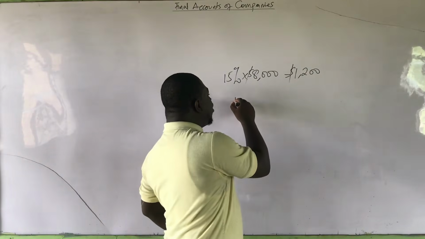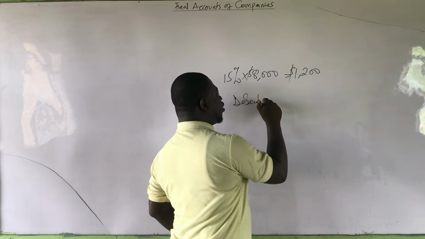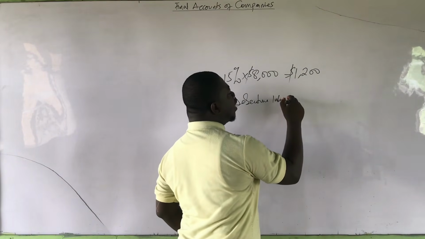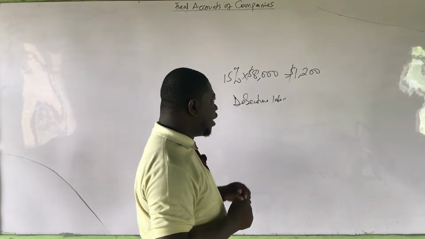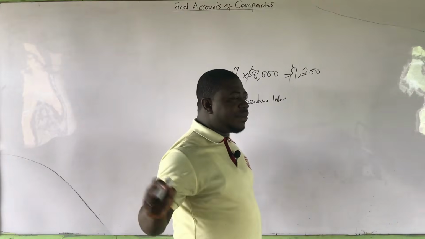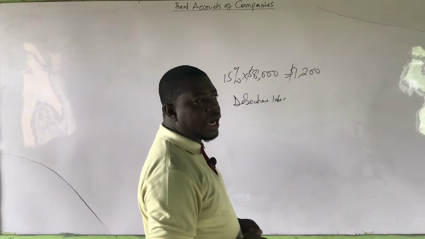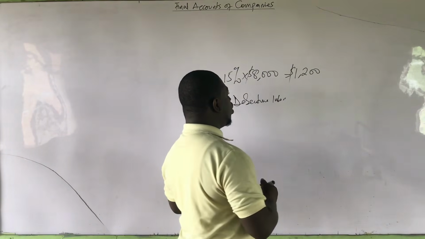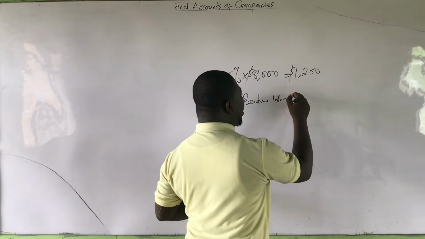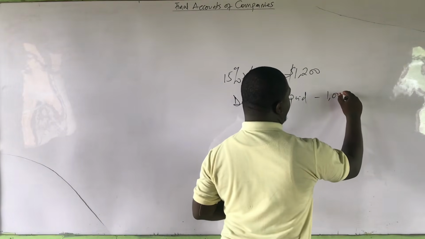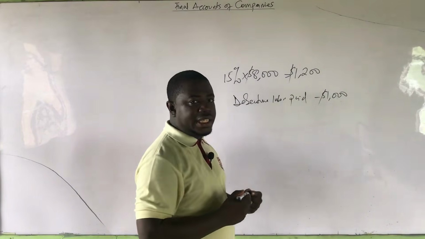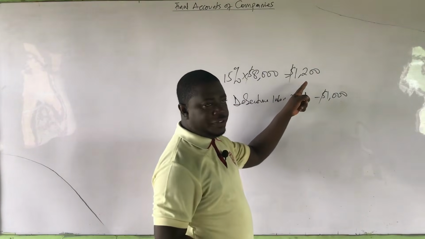So if you see anywhere in your trial balance that there was debenture interest, even if it doesn't say paid, all expenses in the trial balance have been paid. That is the meaning. I have explained that in my video on adjustment for final accounts. So if the debenture interest paid on the trial balance is, let's say, $1,000, then you always need to calculate your 15%.